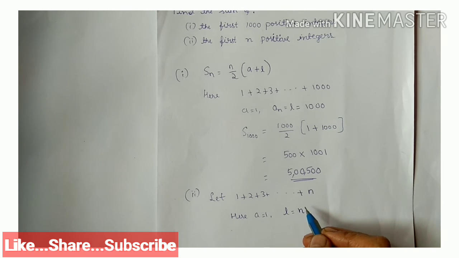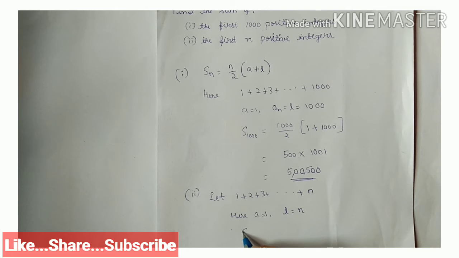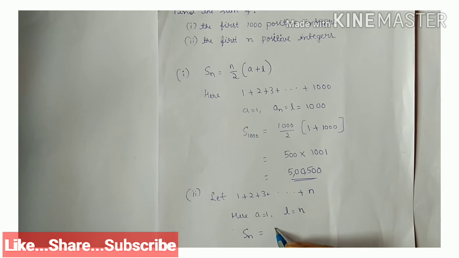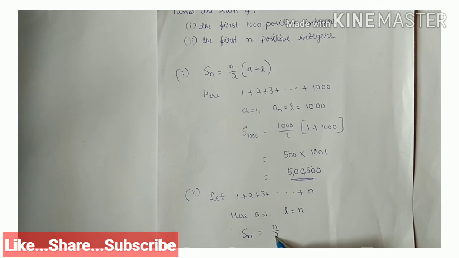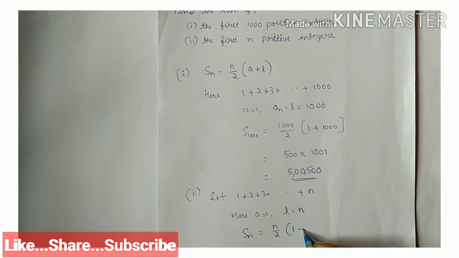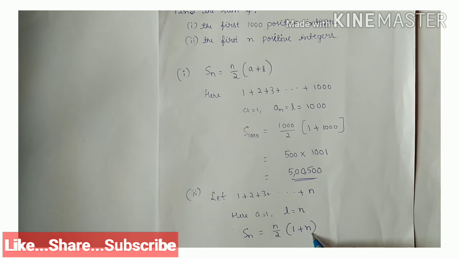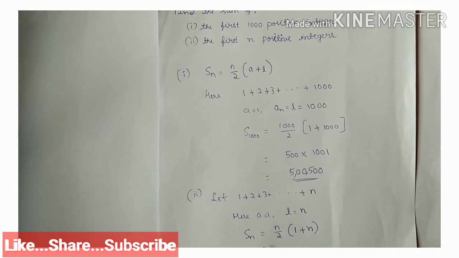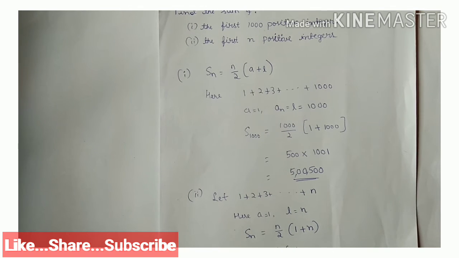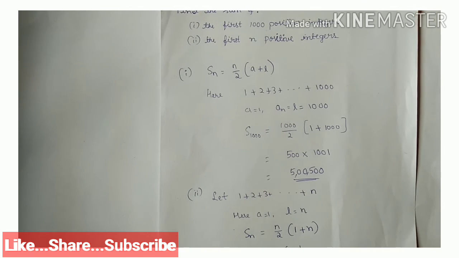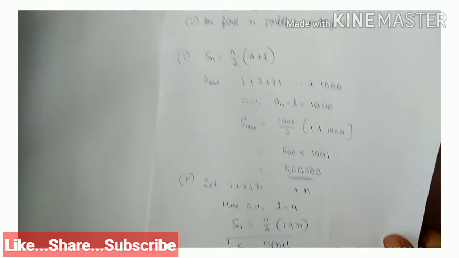Therefore, the sum of first n positive integers Sn is equal to n by 2, first term 1 plus last term n. So, the sum of first n positive integers is given by Sn is equal to n into n plus 1 by 2.